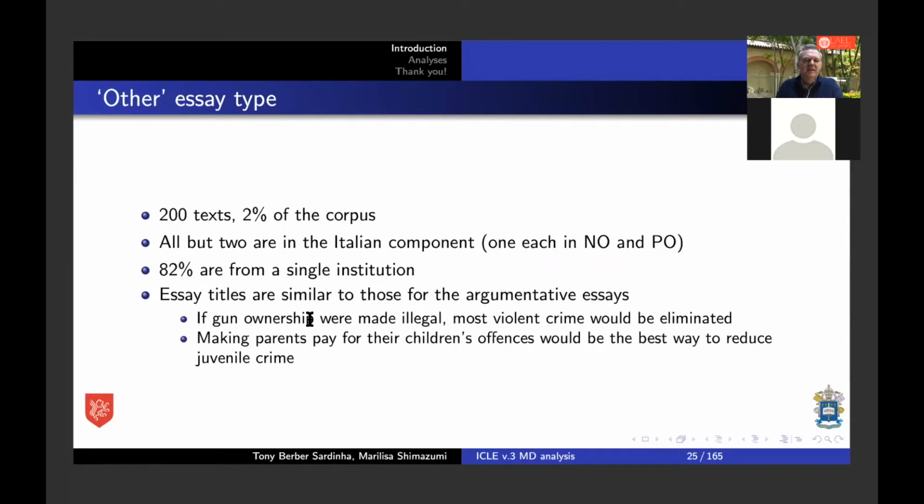And when you look at what they wrote about, the topics are the same as those for the argumentative essays. So we have to look more closely to see what's happening. Should we lump those with the argumentative ones? We don't know so far, but we kept this category as is.